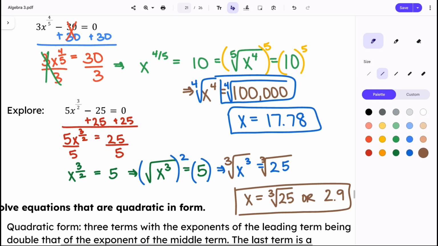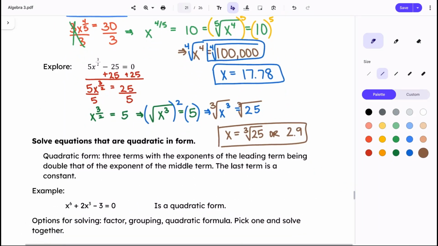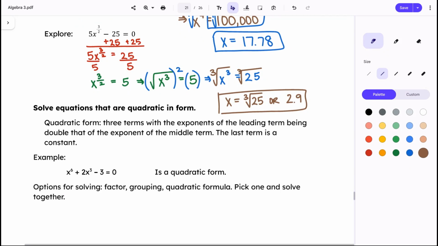Any questions on those ones with the radicals and the rational exponents there? Okay, so we're going to go back to the quadratic form, but these ones maybe aren't going to look like the quadratics that we've seen in the past where you had x squared, x, and then a number.